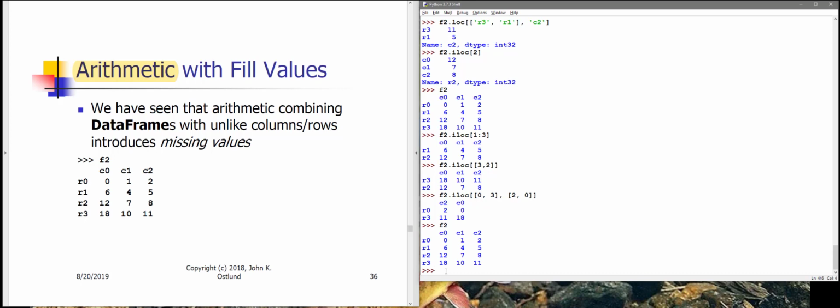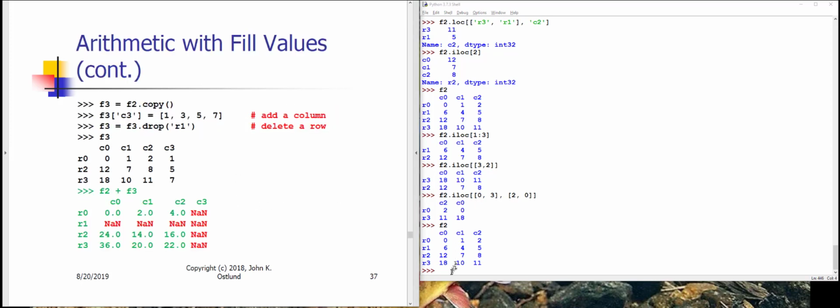I've got my data frame F2, and we know that if you try to combine together by addition, division, subtraction, what have you, two data frames that don't have exactly the same shapes and exactly the same row and column labels, you end up with these so-called missing values. We saw that in the case of a series, a one-dimensional data set. Let's take a look at what's going on with a two-dimensional data frame.